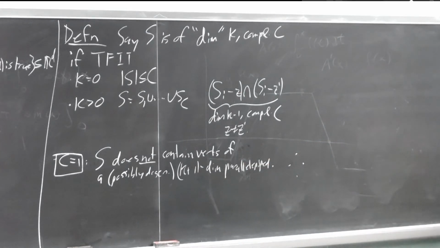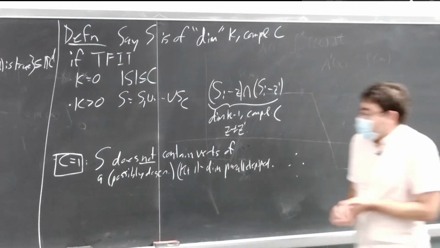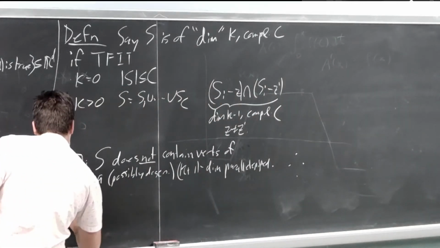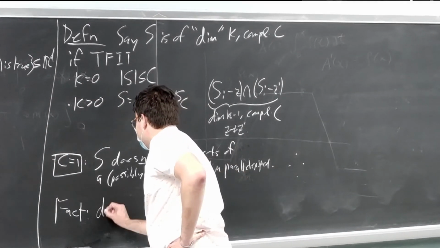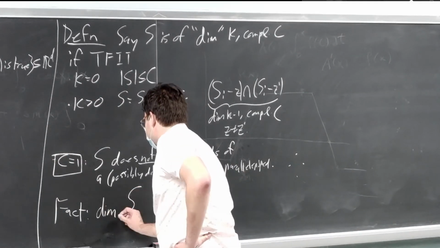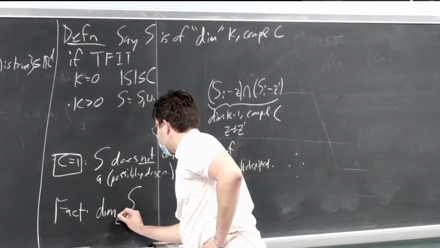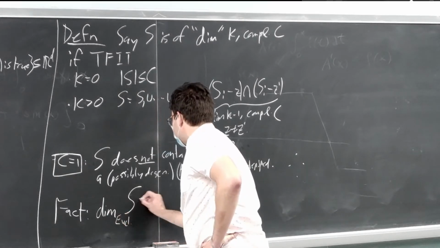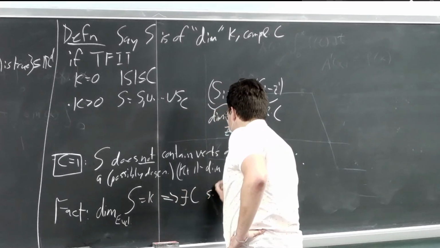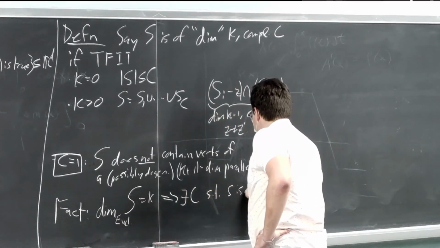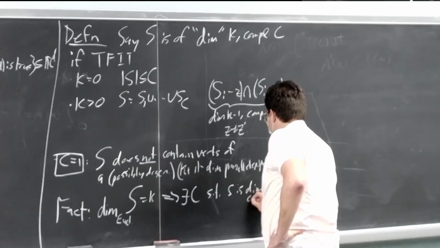I claim this is a reasonable definition to have, because the key structural theorem that we prove about these sets defined in this way is that if the Euclidean dimension of S is equal to K, then there exists a C such that S is dimension K of complexity C.